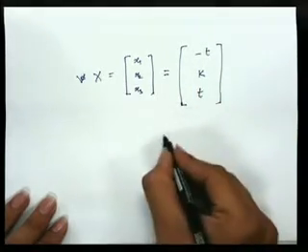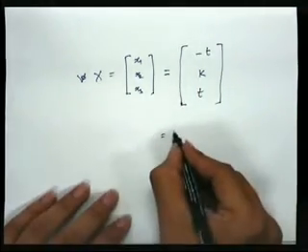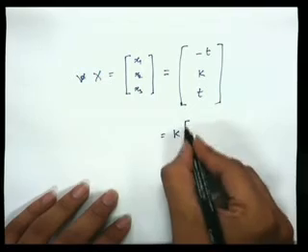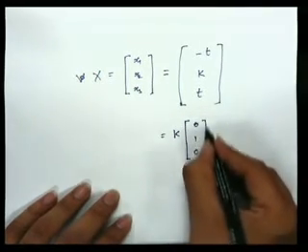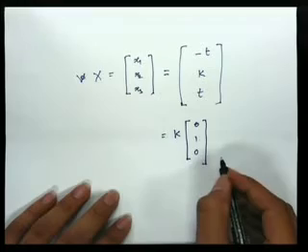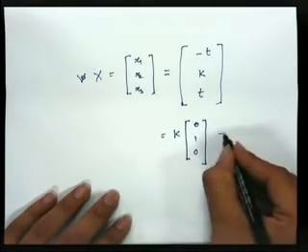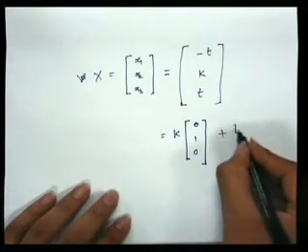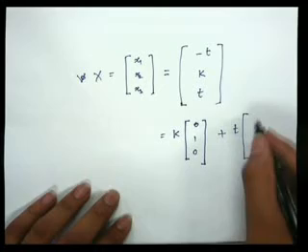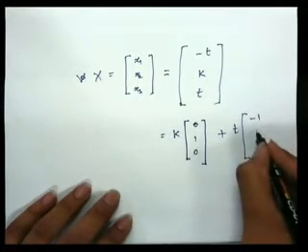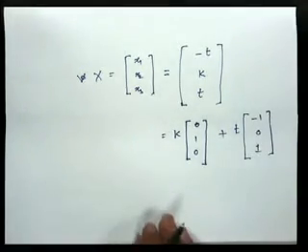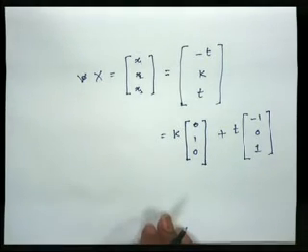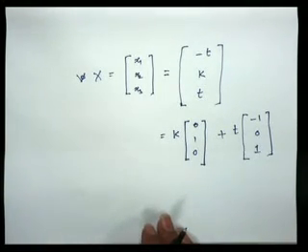First, by putting k is equal to 1 and t is equal to 0, we have 0 1 0, that is the first eigenvector, plus t. By putting t is equal to 1 and k is equal to 0, we have minus 1 0 1. So this is the eigenspace for the eigenvalue lambda is equal to 2.